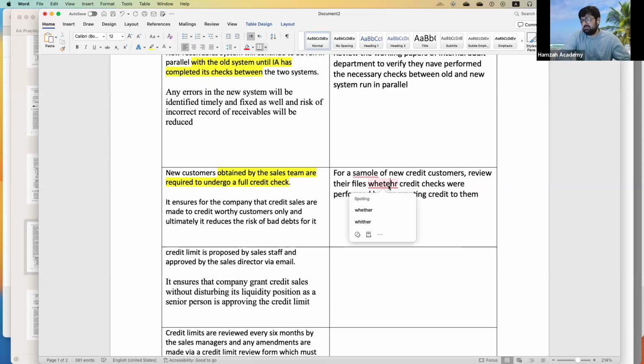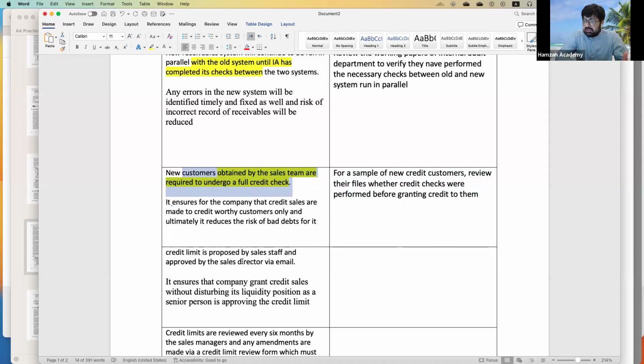Yes, very important. Remember, we have not started doing customer checks. We have test of control means whether company is doing it or not. We need to check that. Simple is that.